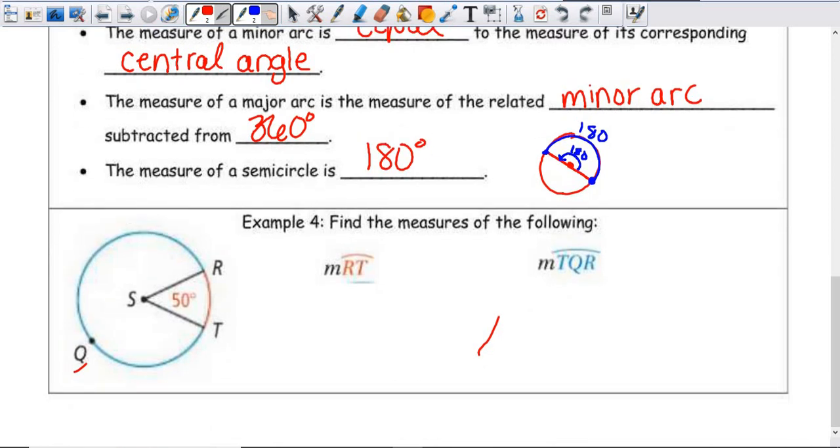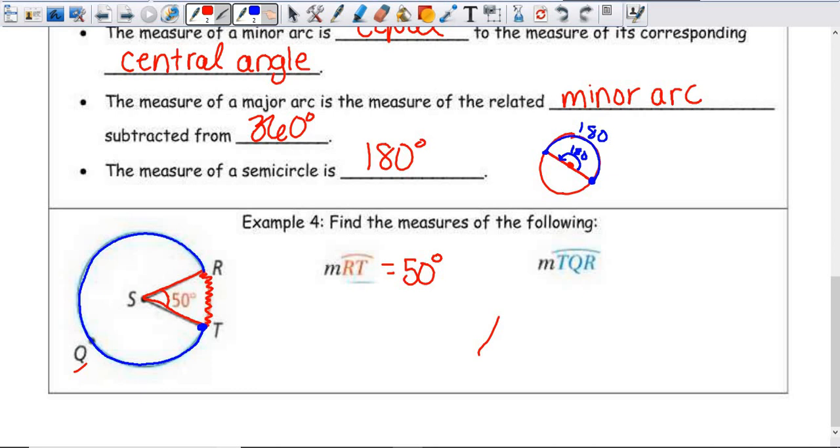All right, so let's look at this example about the measures of arcs. If I want to find the measure of arc RT, it is equal to the central angle it correlates with. So I look at those radii that trap it in. The measure of RT would be 50 degrees. We're talking about arc measure, so we're still going to talk in degrees. But now the measure of TQR: I go to T, and I need to go through Q before I can get to R. So I know I'm talking about this major arc.